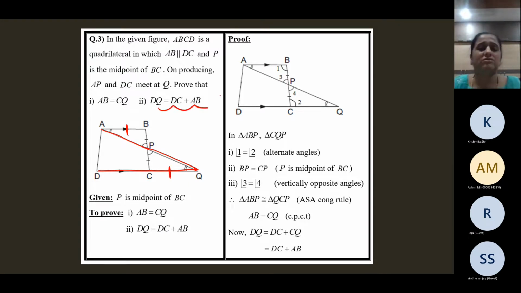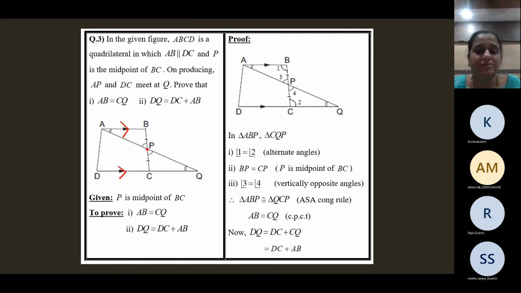Even if you read it, it's difficult, meaning you have to start working. So DQ is equal to DC plus AB. Let's see the information given again. ABCD is a trapezium with AB parallel to CD.